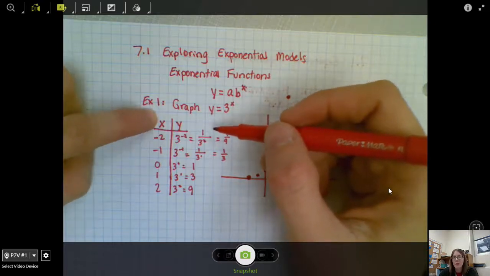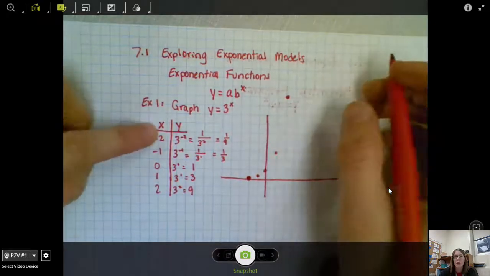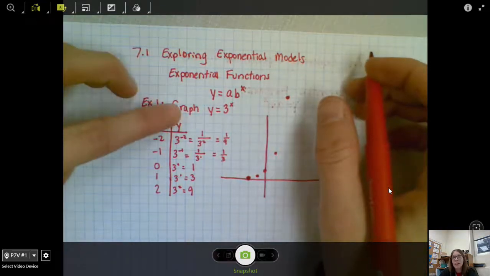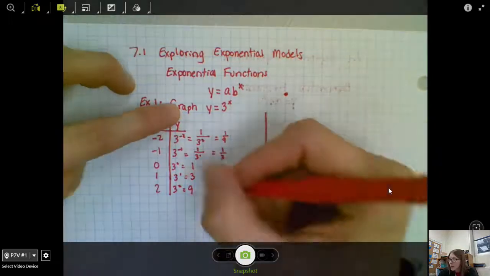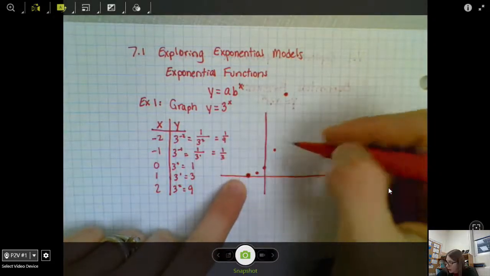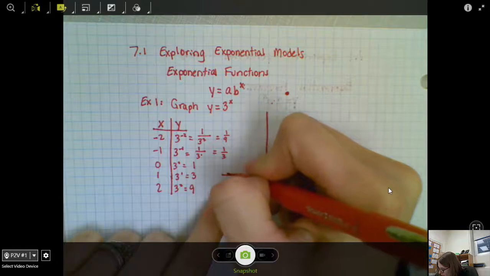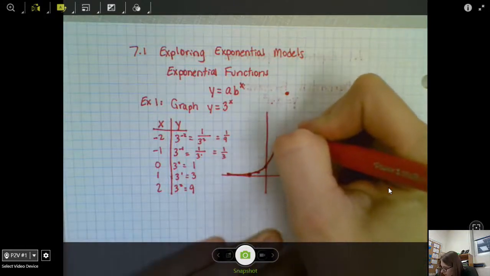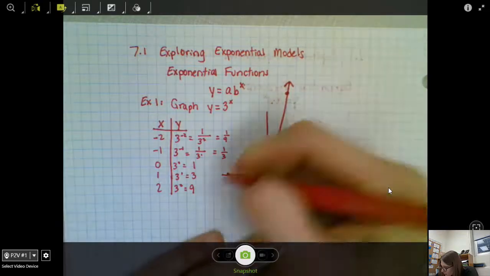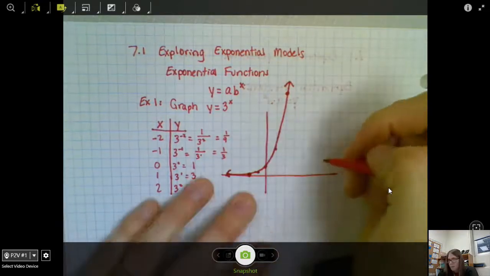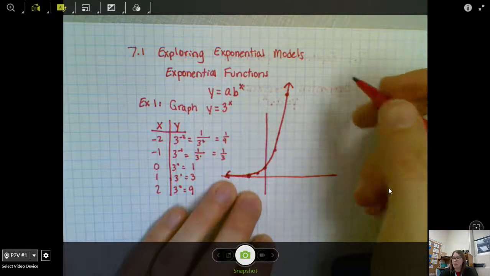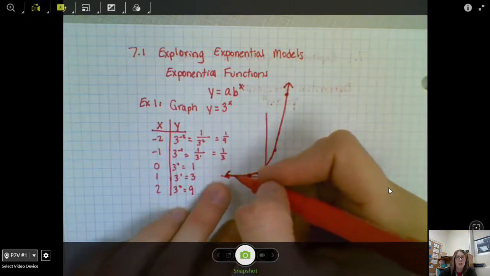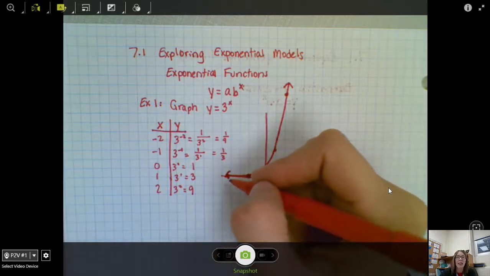No matter what happens, I can have a really, really far negative value for x, and my y value is still going to be 1 over something. So my y values never actually go negative here, and we get closer and closer to the x-axis. Our fraction gets smaller and smaller, but we never actually cross, we never actually hit 0.